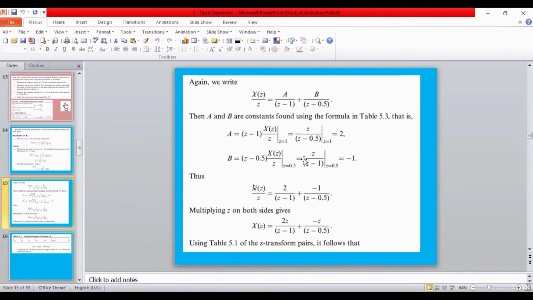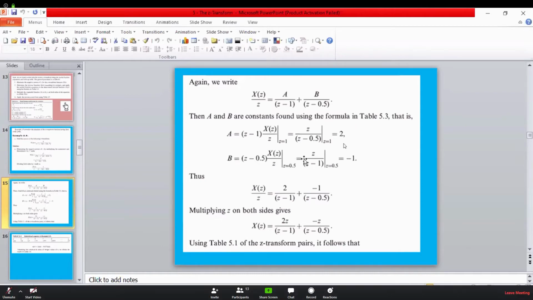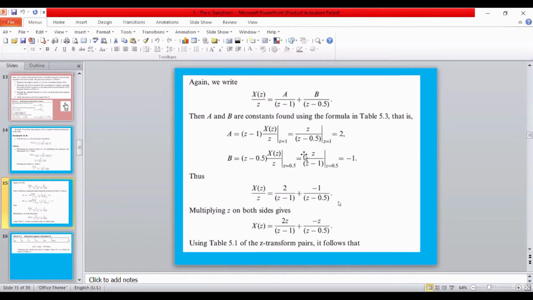You get XZ divided by Z minus B divided by Z minus 0.5, and you multiply by Z minus 1, but both of those parts are multiplied by Z minus 1. So if you substitute, I mean. Okay, but look, if you get to this point here, everything makes sense then, right? I mean, if I skip everything else and just ignore that gap inside my head, then I guess I could take it for granted, I suppose.